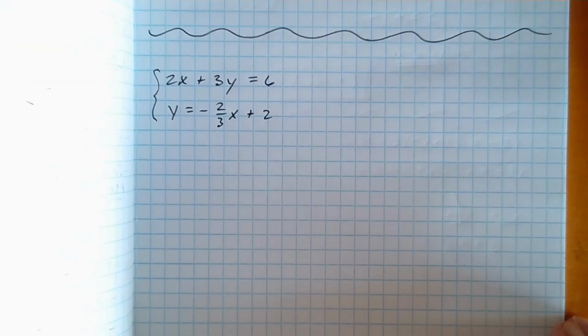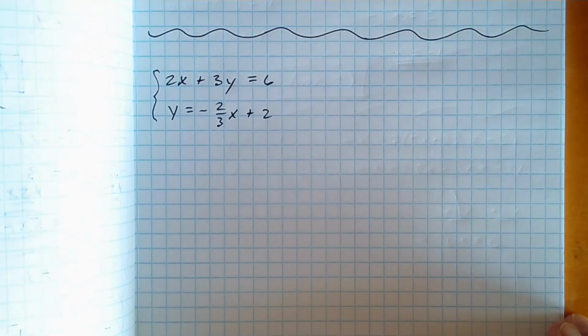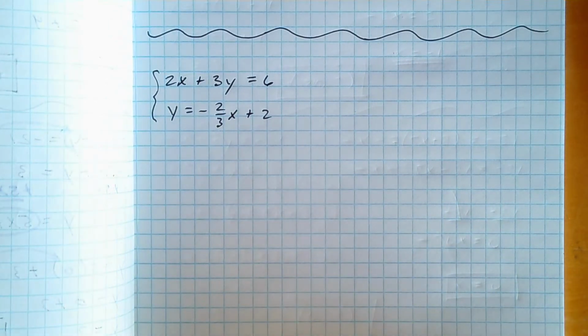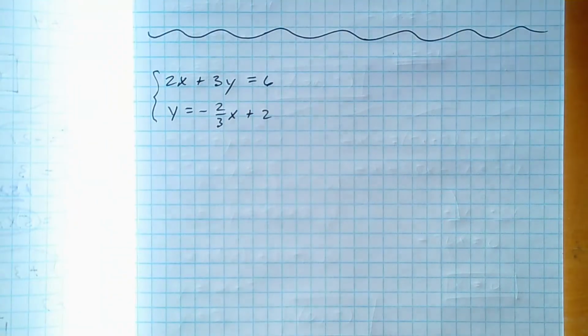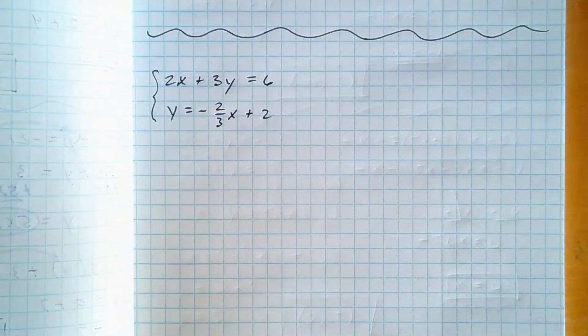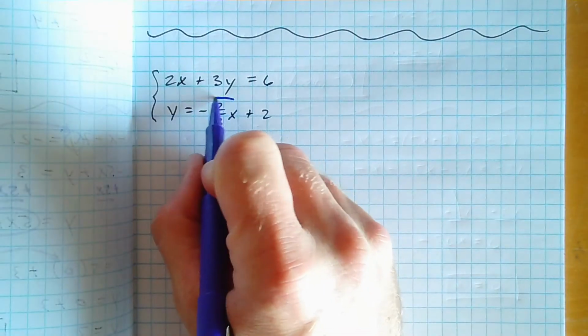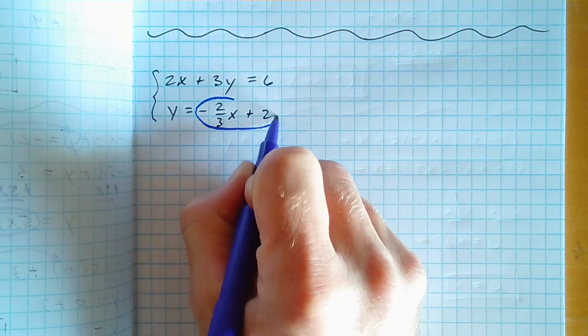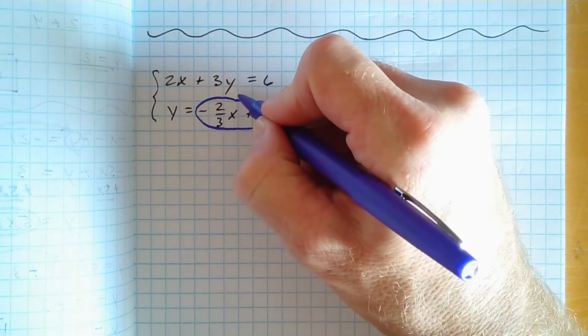All right, let's do one more. This is going to be another special case. We have 2x plus 3y equals 6, and y equals negative 2/3 x plus 2. So this one's in standard form, this one's in slope-intercept form, and this second equation already has y isolated.